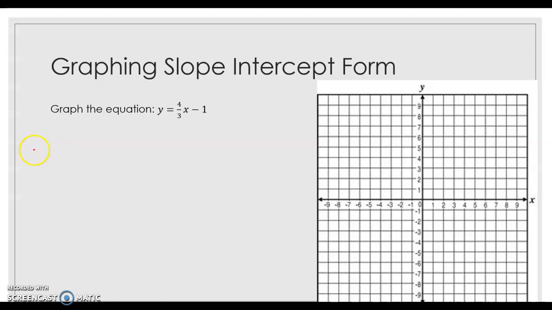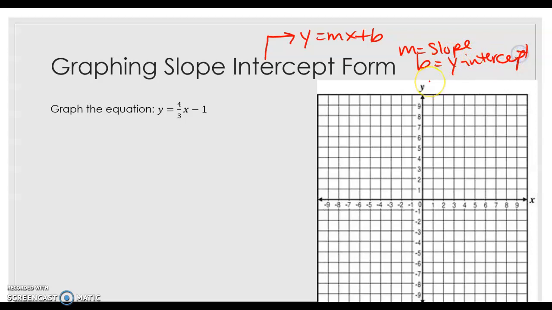All right, and then from there, lastly, in our review session, graphing slope-intercept form. So slope-intercept form is y equals mx plus b, where m is slope and b is y-intercept. And when I taught this, I said begin at b and move slope. Look at that alliteration that I'm using there.